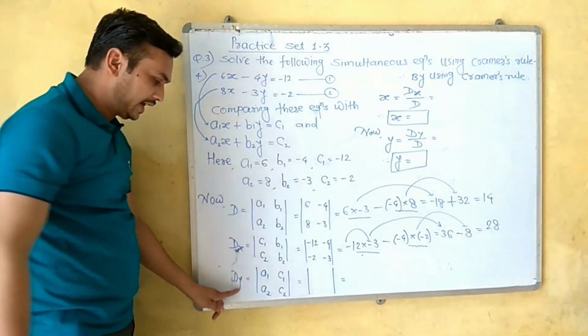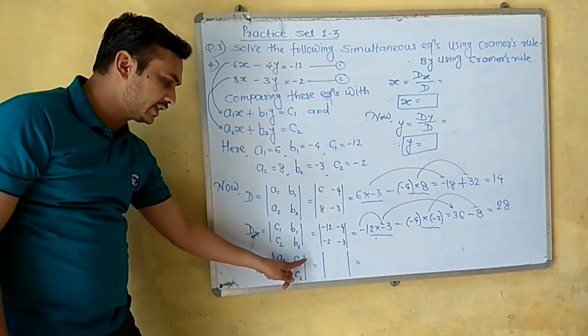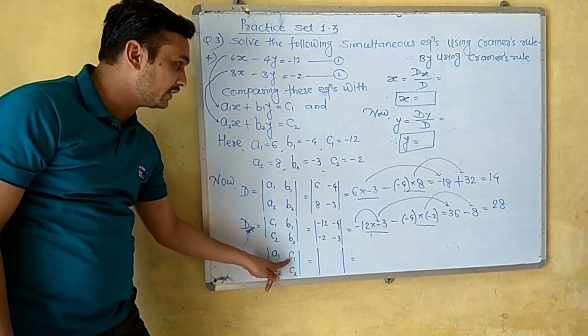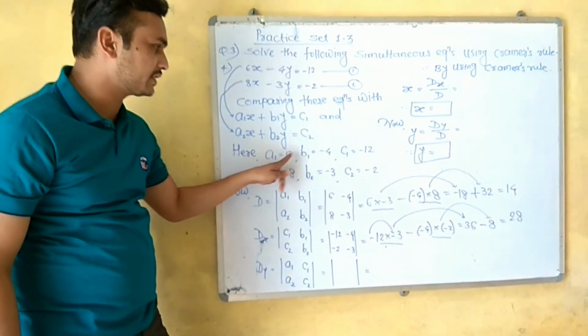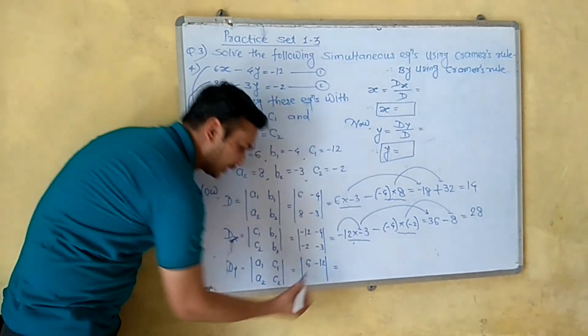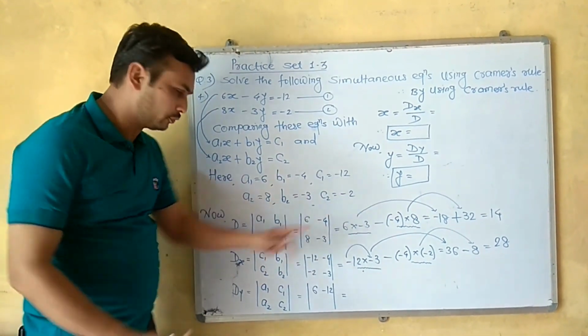And last one, dy equals to determinant of formula a1 c1 a2 c2. So a1 c1 6 minus 12, a2 c2 8 minus 2.